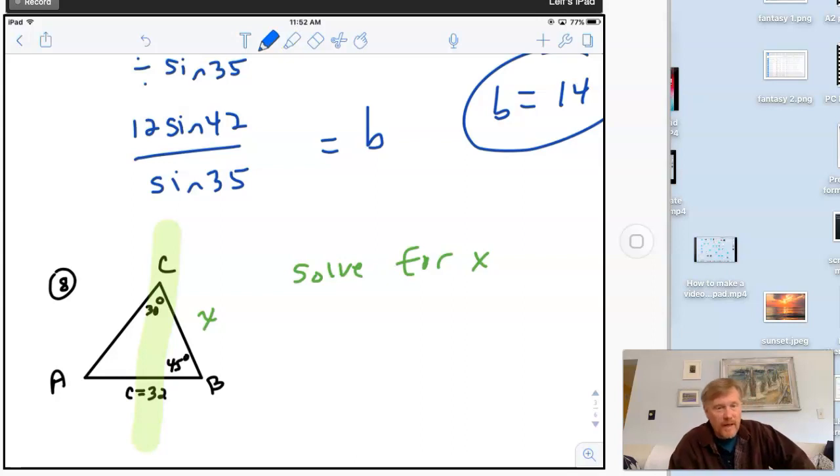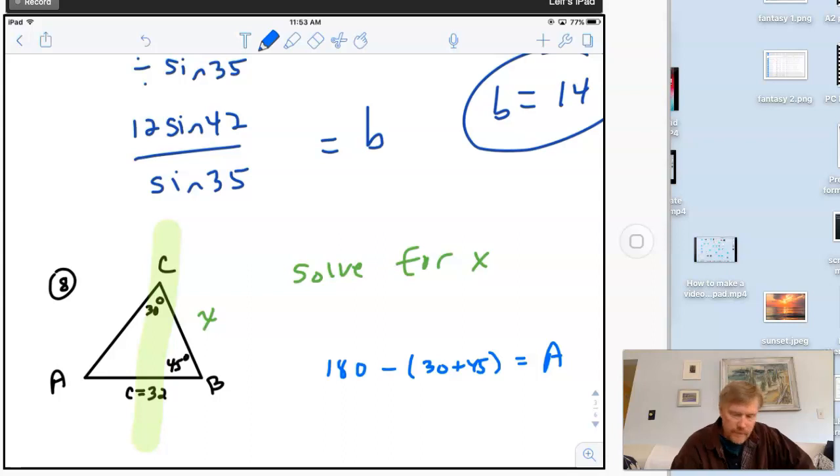All right. So if I add 30 plus 45 together, I can find out my angle A. Okay. Which in this case is going to be 105.